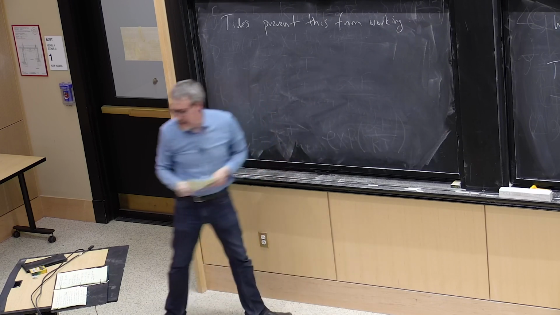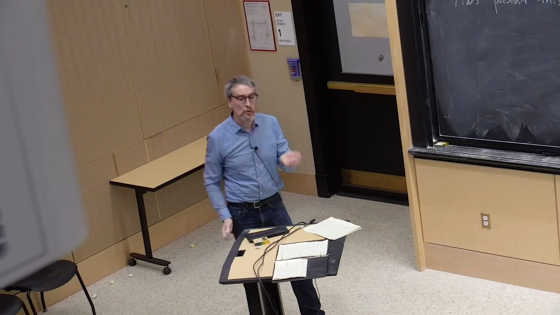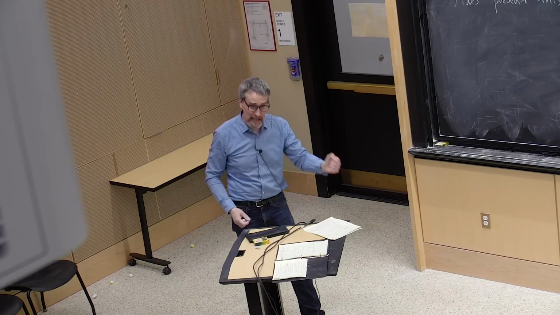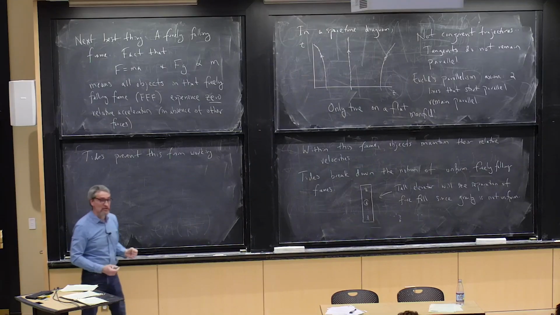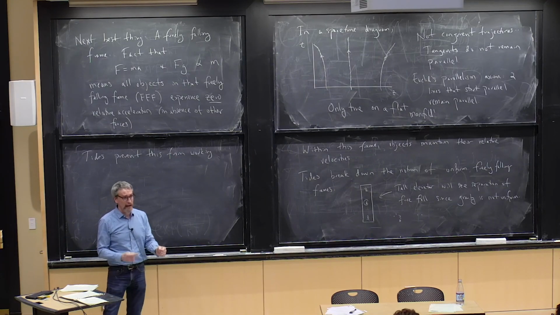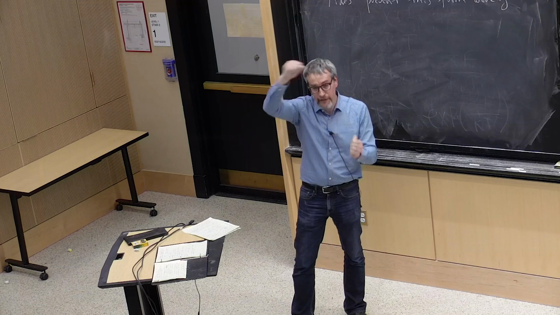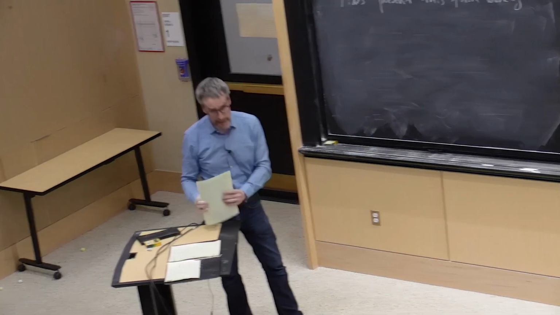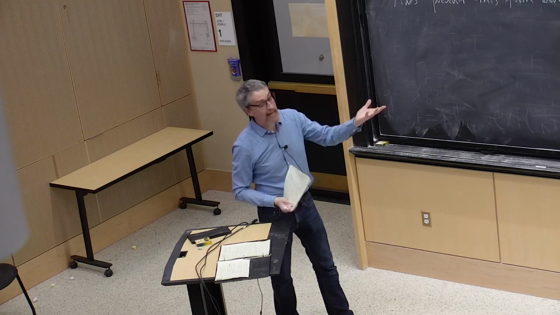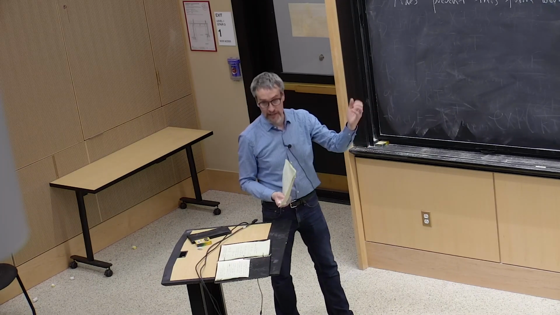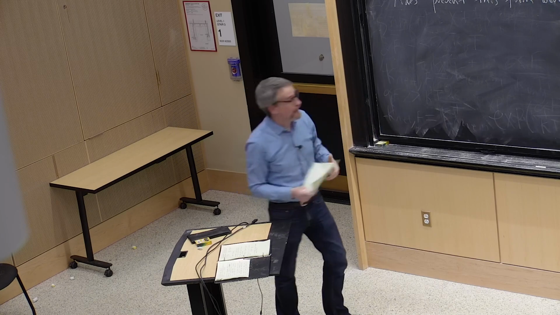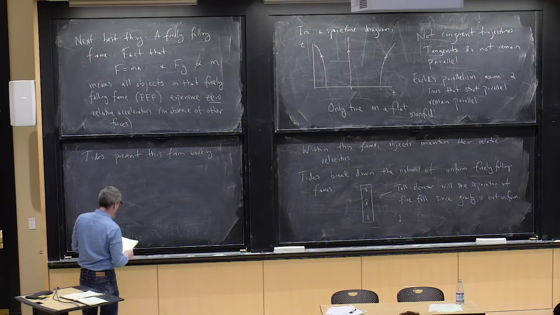What this basically means is that the transformation that puts you into a freely falling frame here is not the same as the transformation that puts you into a freely falling frame 10,000 miles over the Earth's surface. Okay? There are different transformations at different locations in spacetime. This comes down to the idea that it's not a global Lorentz frame. Okay? We have a sequence of local Lorentz frames that we have to link up.